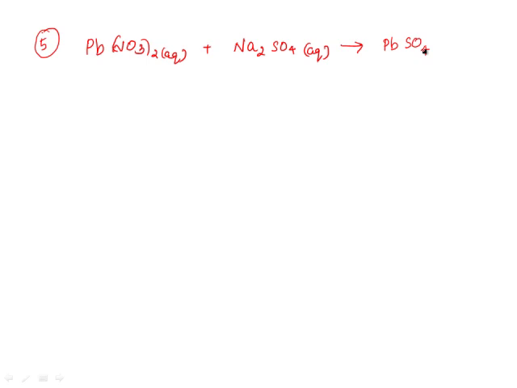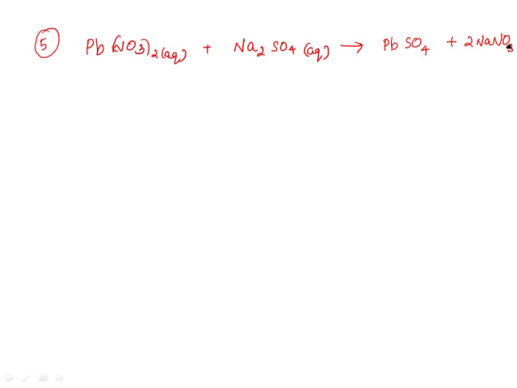So 1 each is good. They are balanced, Pb2 plus and SO4 2 minus. So the formula is PbSO4. Well, we don't know the physical states yet. Let us figure out the other compound. What is the other compound? NaNO3. Good, because Na is plus 1 and NO3 is minus 1. Well, 2 will come when you balance, but the other compound will be NaNO3.